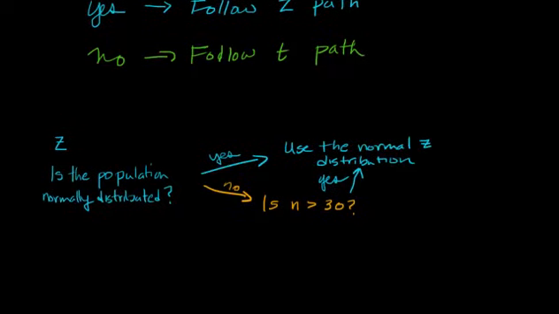But if the answer to that is no, then we have to use methods that we have not learned, called non-parametric or bootstrapping methods. Not in the chapters we're doing right now.